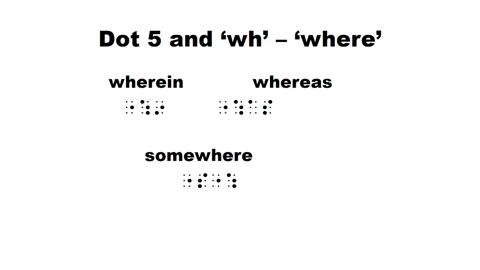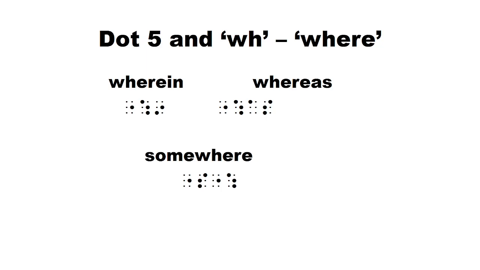So let's take some examples. We have the word wherein. We contract the word where, that would be dot 5 on the first cell, and the contraction for WH, that's 1, 5, 6. And on the third cell, we can also contract in using dots 3 and 5. Next, whereas.